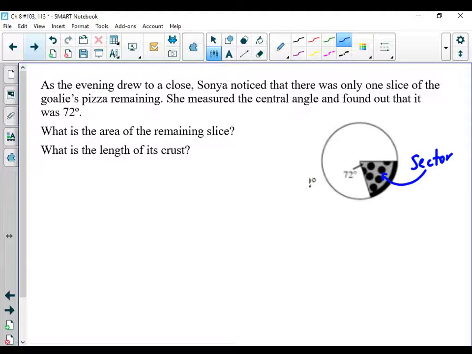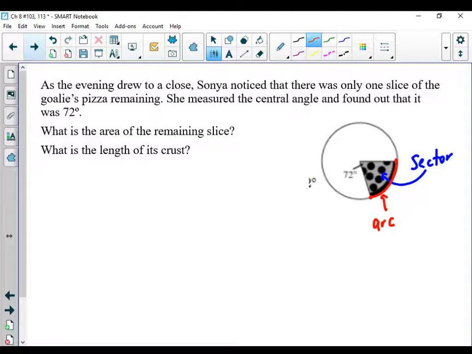If I'm looking at a portion of the perimeter or the circumference, that's referred to as the arc of the circle, or a portion of the circle would be considered the arc. In terms of the example here with the pizza, well, the slice of pizza would be the sector, the crust on the pizza would be the arc.